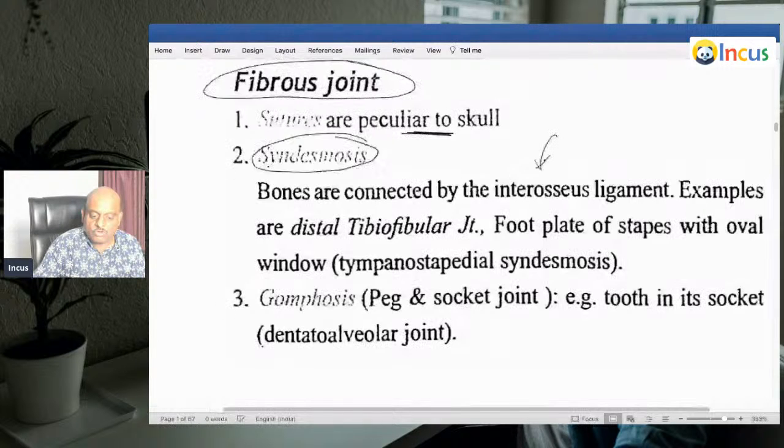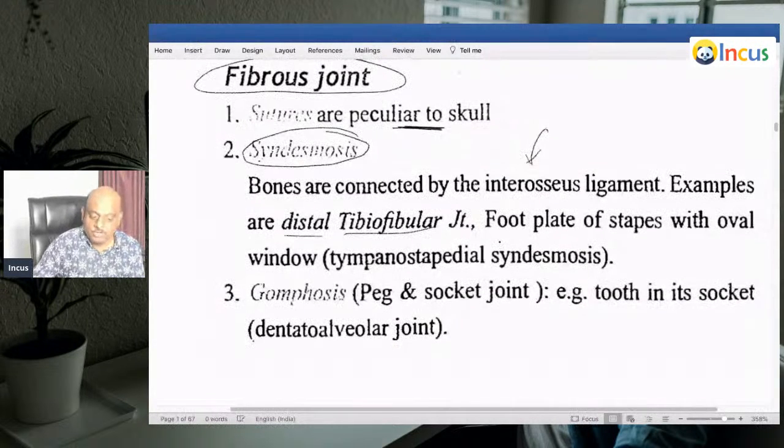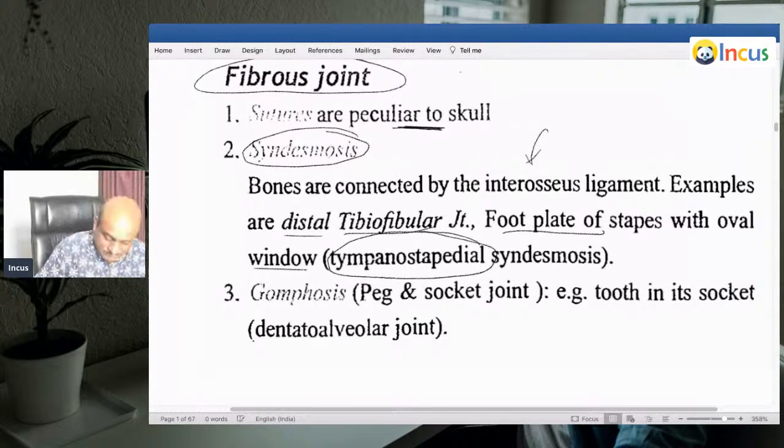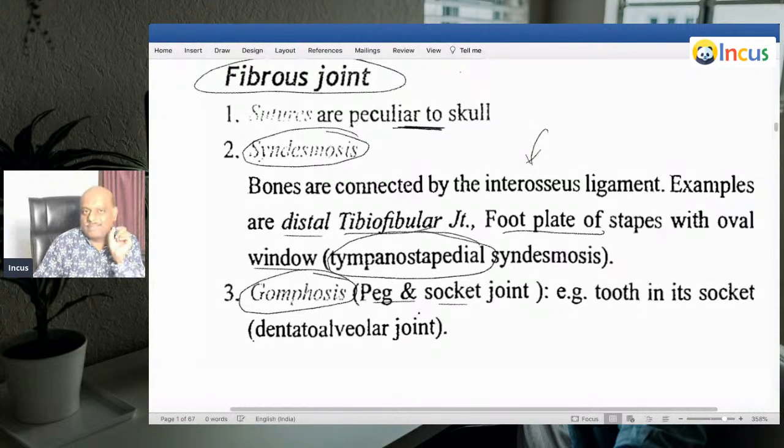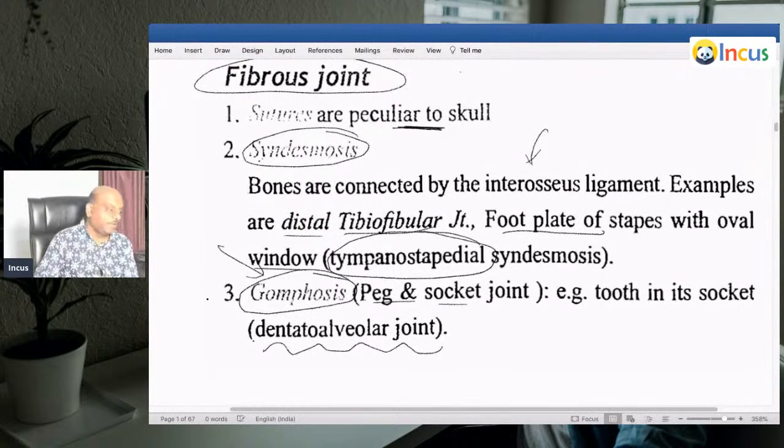A very good example is the distal tibiofibular joint. The footplate of the stapes with the oval window is a tympanostapedial syndesmosis, a fibrous joint. Similarly, gomphosis is a peg and socket joint, the tooth in the socket. The dentoalveolar joint is an example of gomphosis, is what you have to emphatically remember.